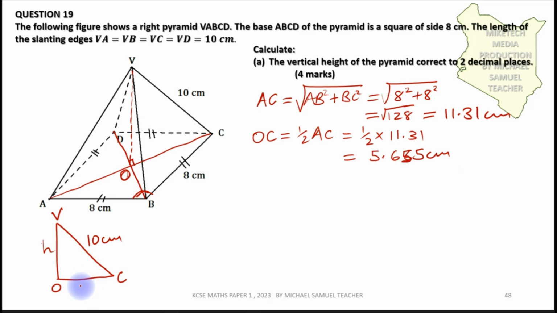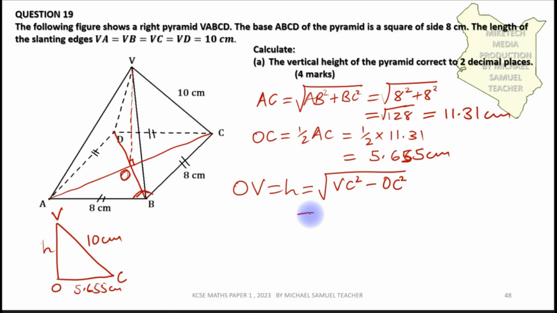So OC is 5.655 centimeters. Now to get OV, which is equal to H, it will be the square root of VC squared minus OC squared.